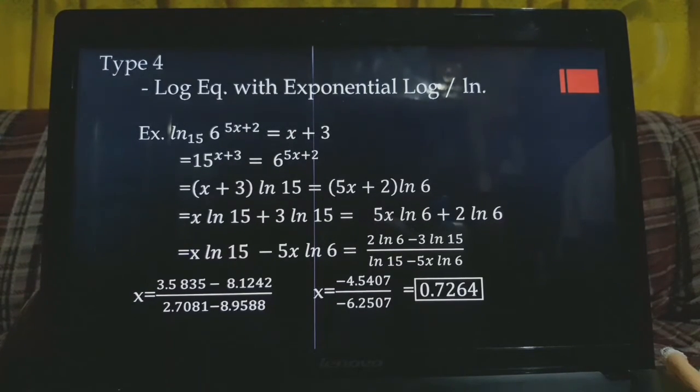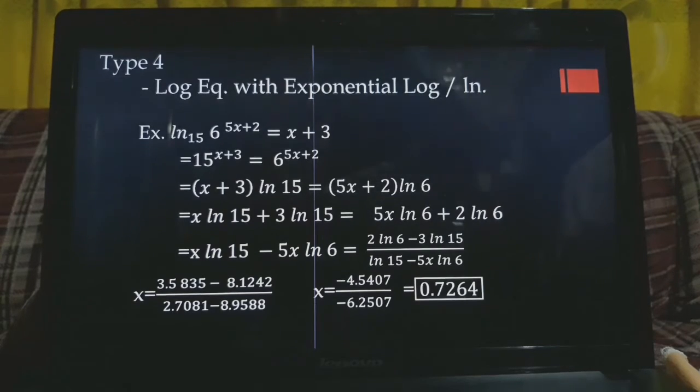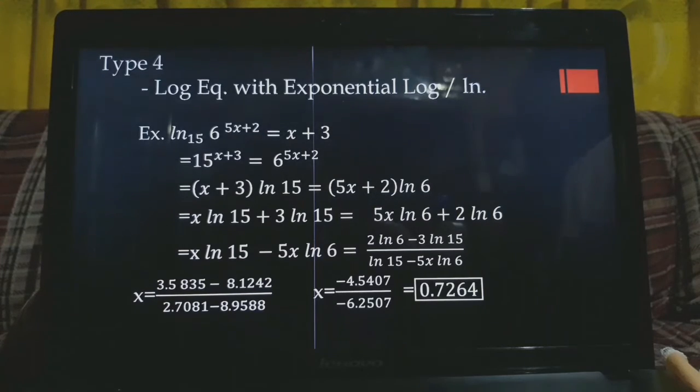And then we have to write the power before the natural log. So x plus 3 times natural log of 15 is equal to 5x plus 2 times natural log of 6. And then distribute x natural log of 15 plus 3 natural log of 15 is equal to, distribute, 5x natural log of 6 plus 2 natural log of 6.